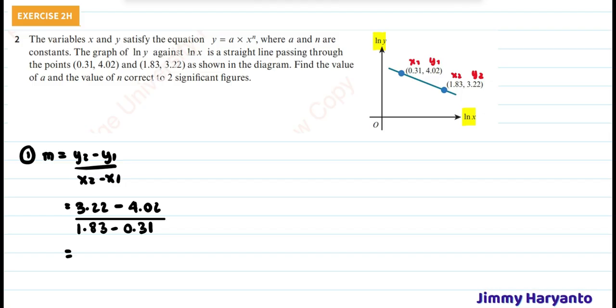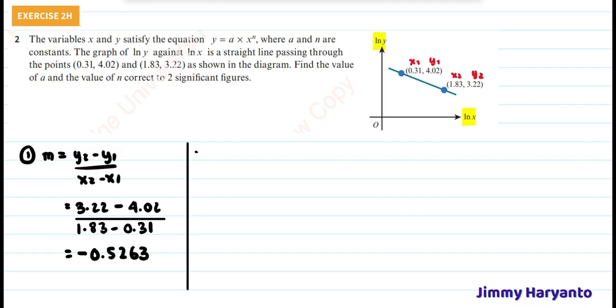Okay, wait, let me calculate this. Okay, the answer is negative 0.5263 in 4 decimal places. And then after that the second step will be, actually this one is the third step, but since we already have the 2 points, this is the second step.